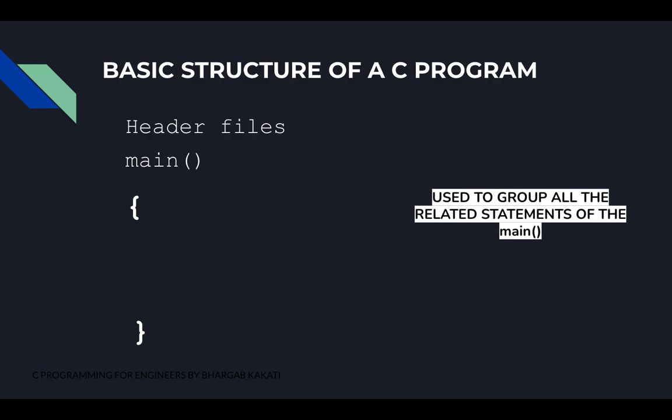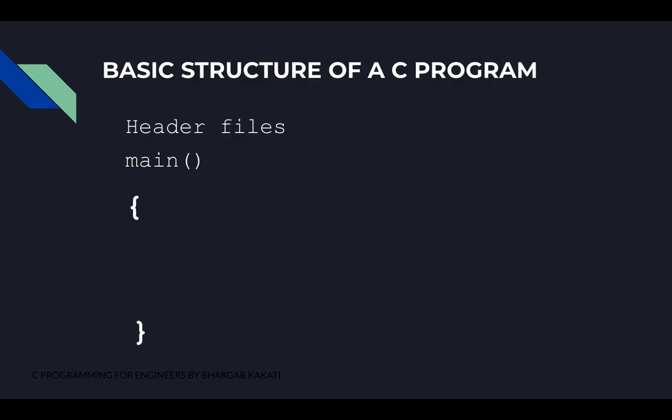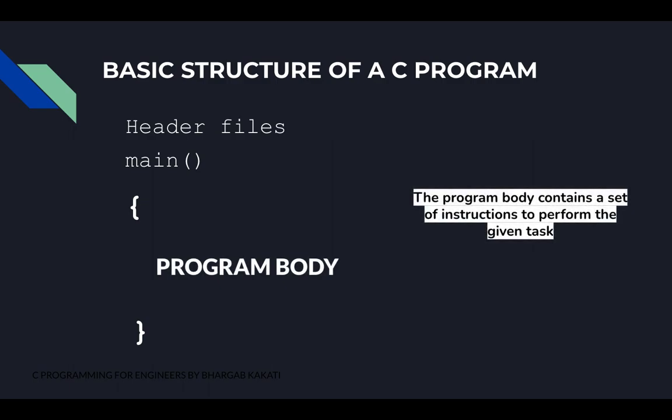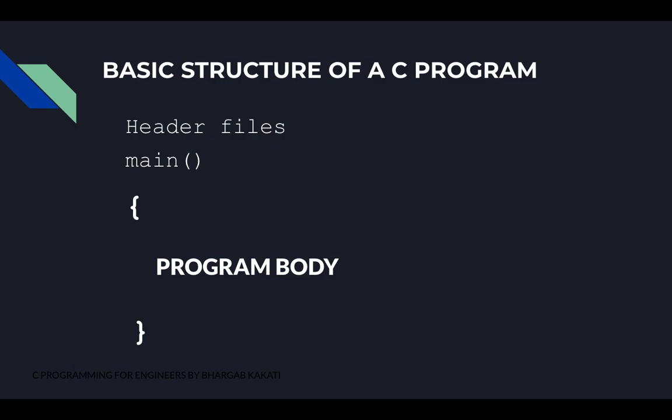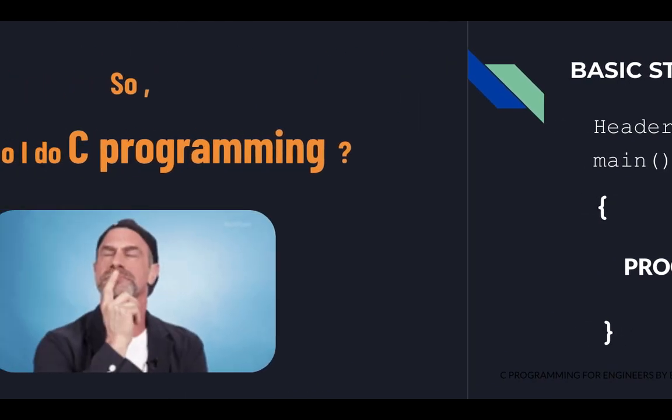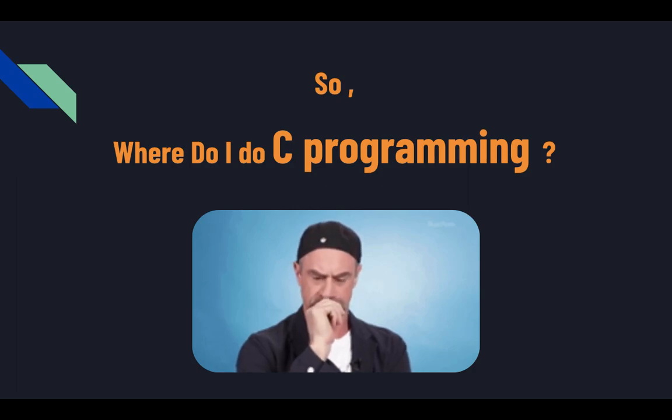So within the main function, whatever instructions you need to give in order to communicate with the computer should be given within these braces only. So within the braces, whatever we write, it is known as the program body. So the program body contains a set of instructions to perform the given task. Alright. So that's about the basic structure of a C program.